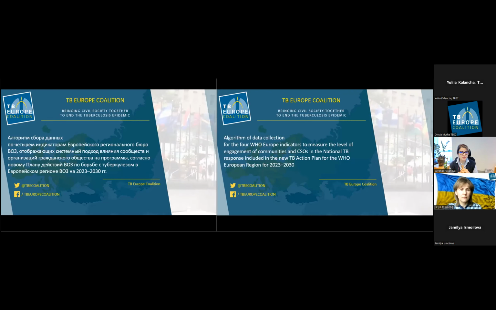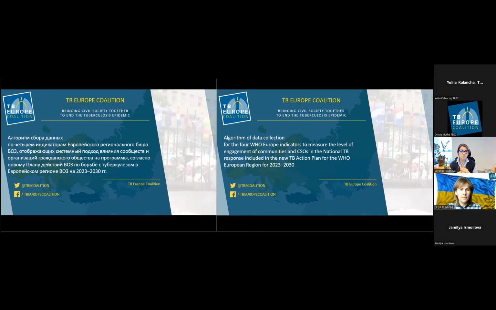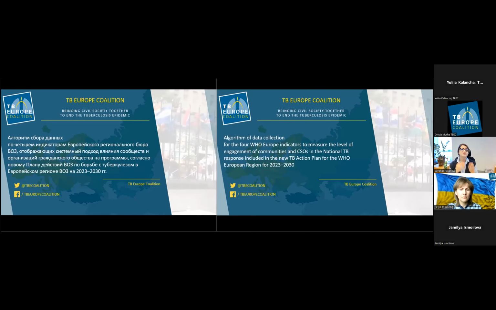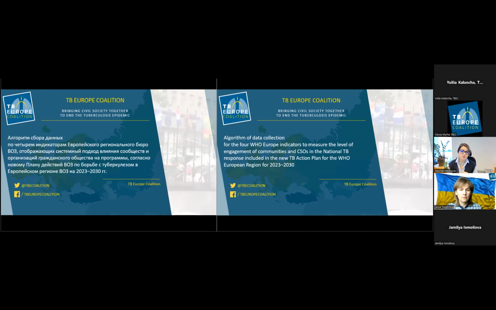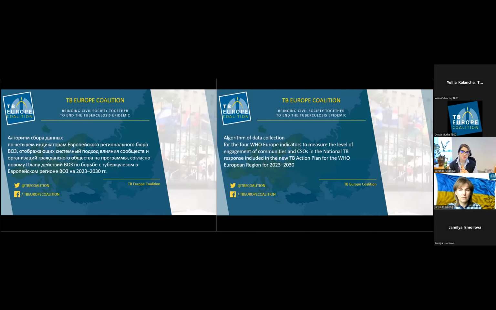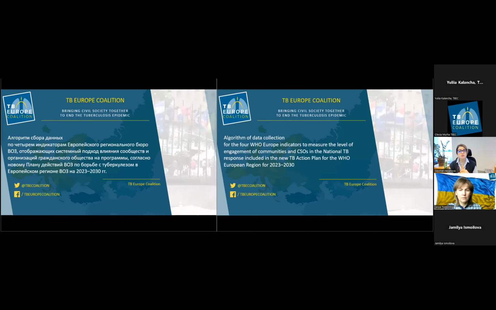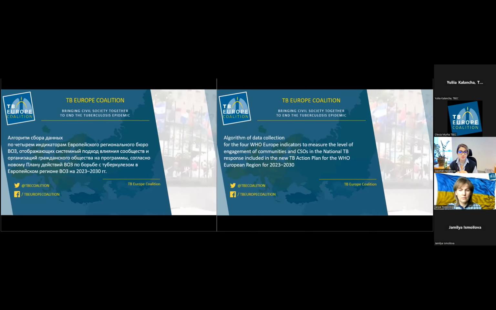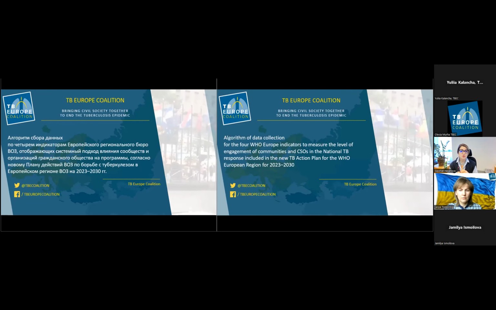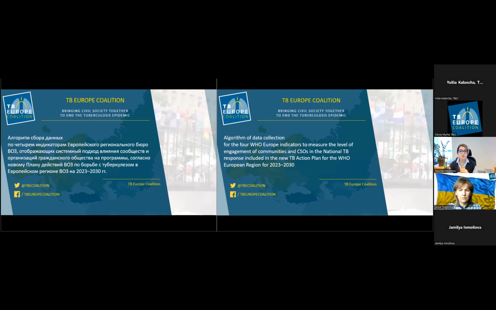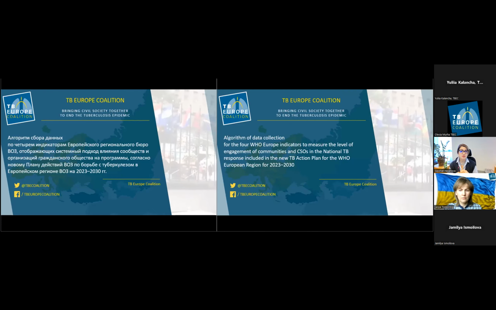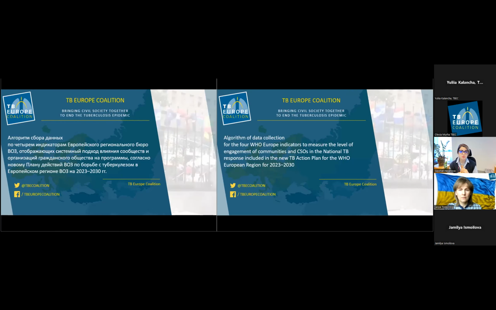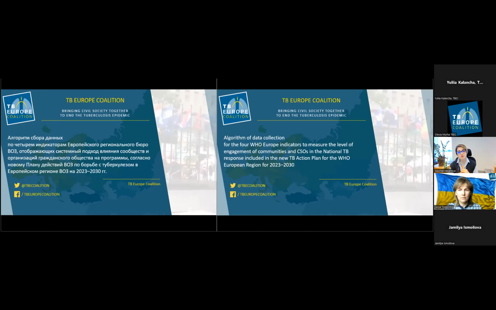Unfortunately, data collection and the quality of data collection in our region and at the global level leaves much to be desired, so to say. So we need to improve the data quality, and with your help, we expect that data collection for meaningful involvement of CSOs and communities will reach a new quality level and will show actual engagement of CSOs and communities in the work to respond to TB.